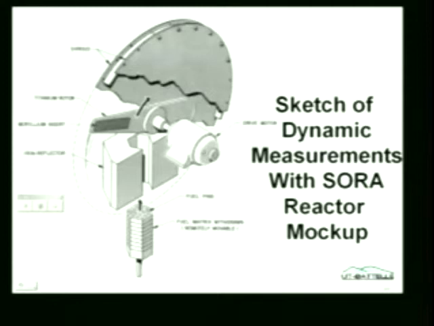Here's a sketch of the full system, and I'll talk a little bit more about this rotor. Here's a piece of beryllium insert in a titanium vanadium alloy rotor with a small motor here, a 75 horsepower motor. And then here's the core and the fuel pins that was pushed up, and then this thing was rotated.